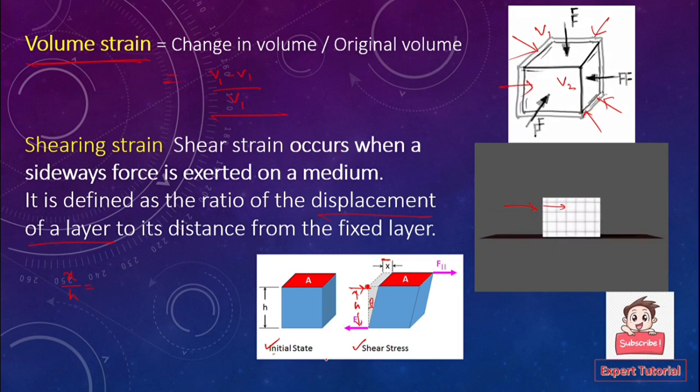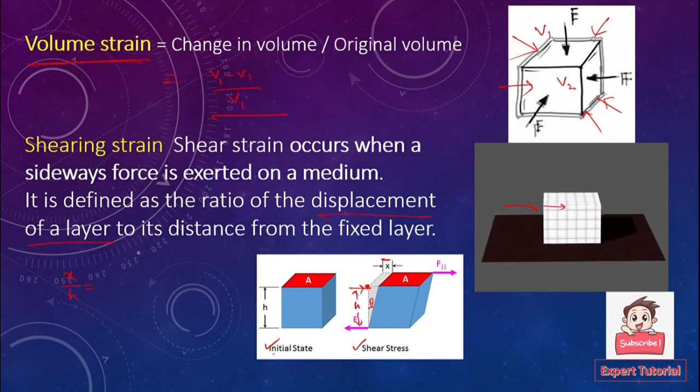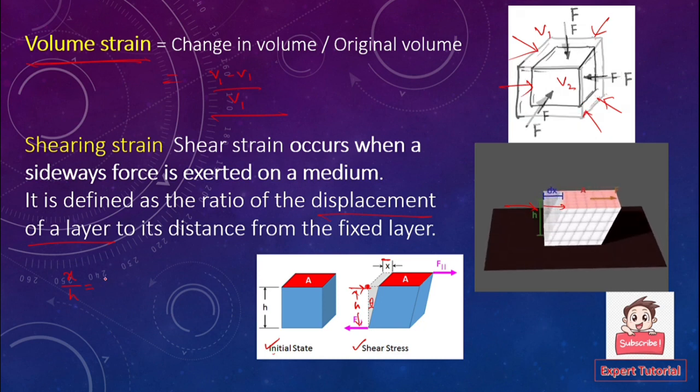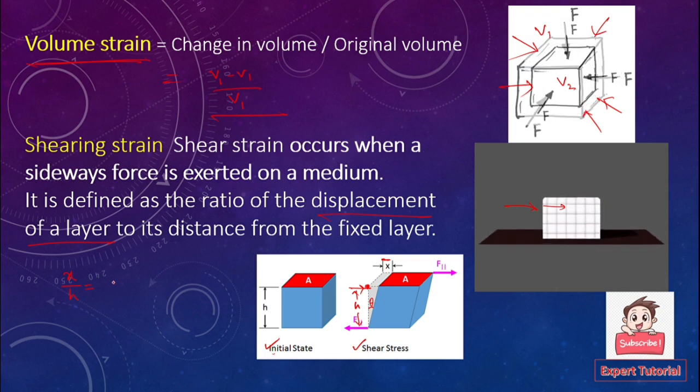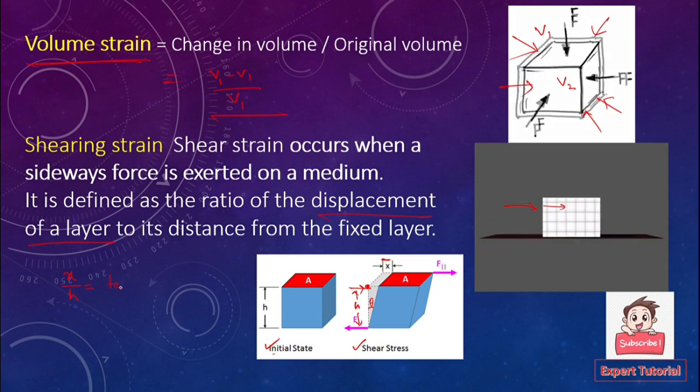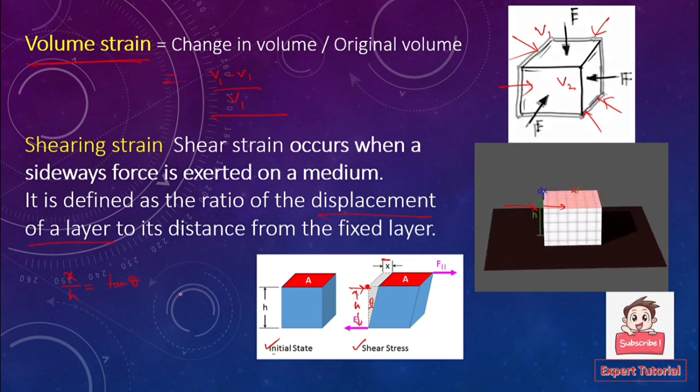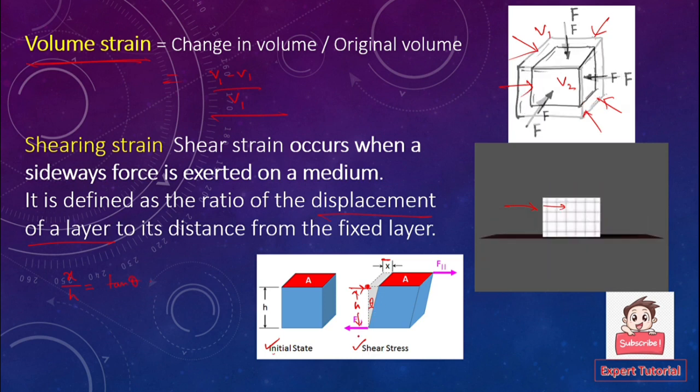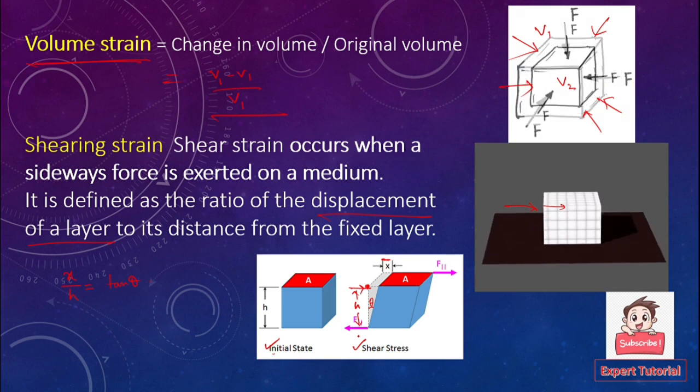If this angle is theta, so it will become perpendicular by base. So this is tan theta. And if the theta is very small, I'm not applying a large force.